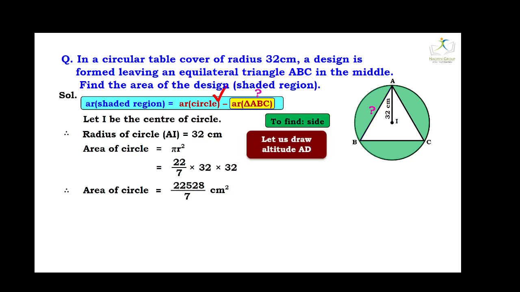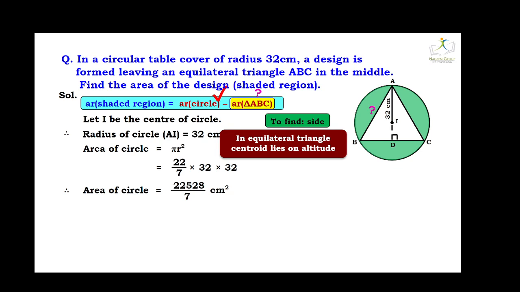First, from A, we have to draw one perpendicular line AD, that is our altitude. So we have to find the altitude first. In an equilateral triangle, the altitude and the centroid line are the same.